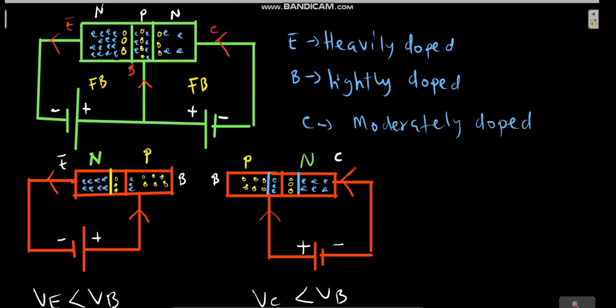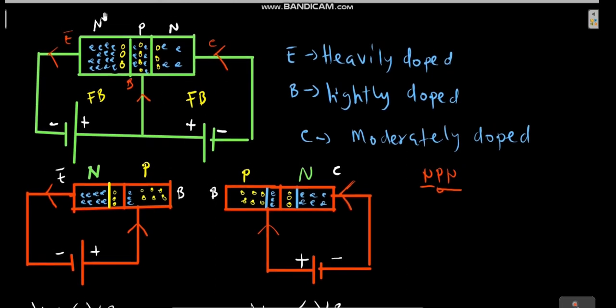Also, one thing you should take note of is that in the NPN transistor, currents flow from the collector to the emitter. So in this case, you see that the current is flowing from the collector to the emitter here.